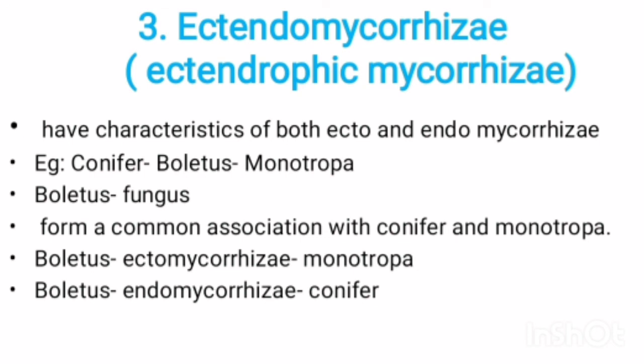Here the fungus, that is Boletus, forms a bridge between the two plants. That is, Boletus forms an ectomycorrhizal relation with Monotropa and an endomycorrhizal relationship with the conifer.